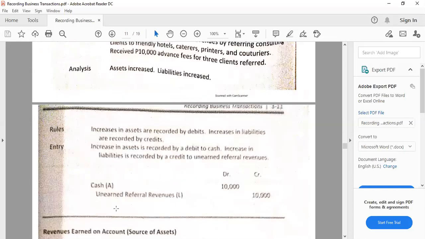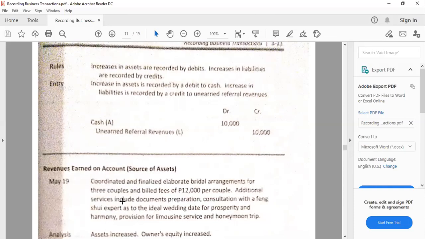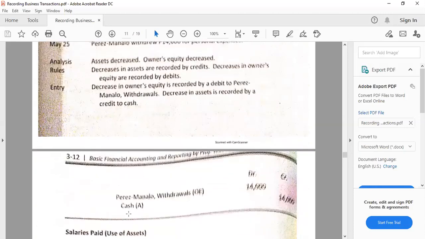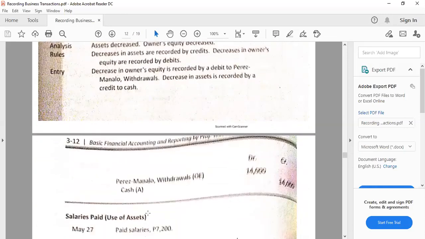Here, to record advance fees for referrals, or to record unearned referral revenues. That's going to be okay. Here, to record consulting services rendered on account. We have to identify this separately from the previous rendering of consulting services, which is not on account but on cash basis. Here, to record withdrawals made by the owner or proprietor.